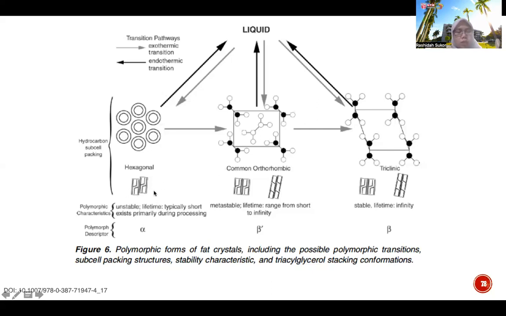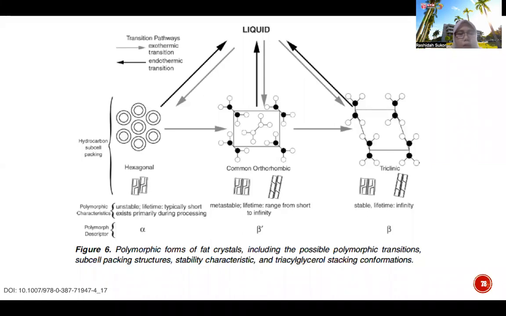The structure of the crystal, the packing of the alpha crystal, is hexagonal like this. It is difficult to show here, but you can see the shape of the hexagonal is like this. Under the microscope it looks like a hexagon. But for this one you can't really see the hexagon shape.